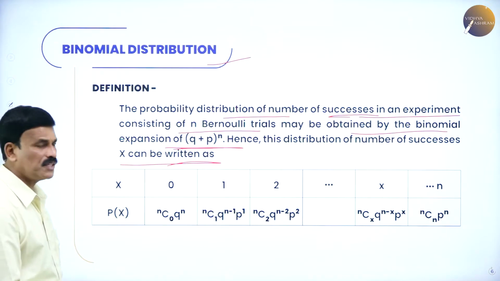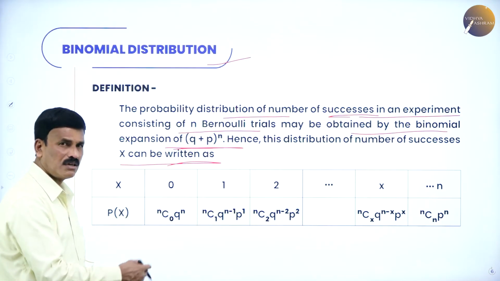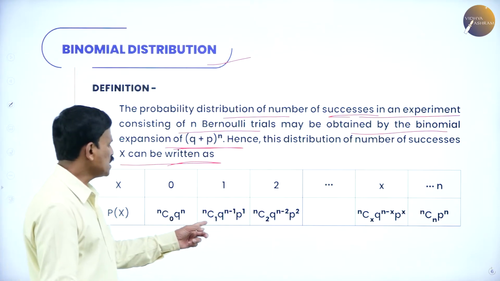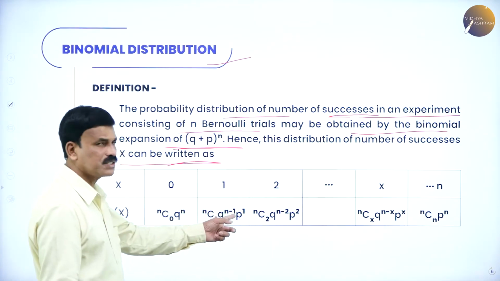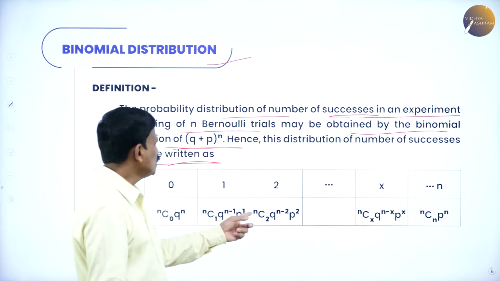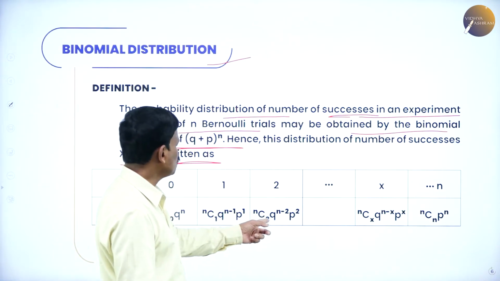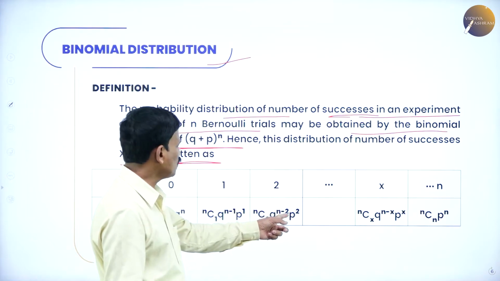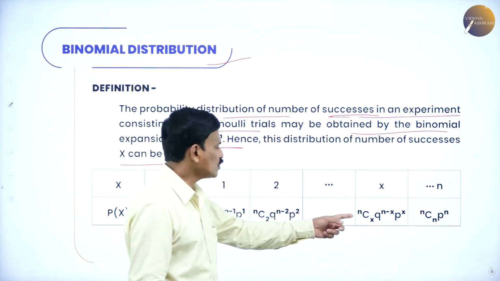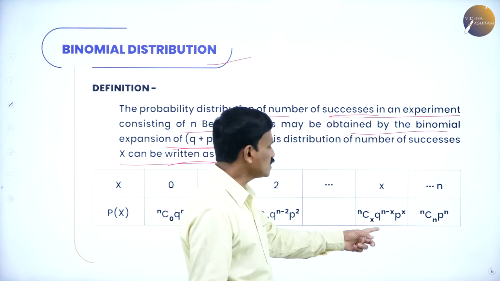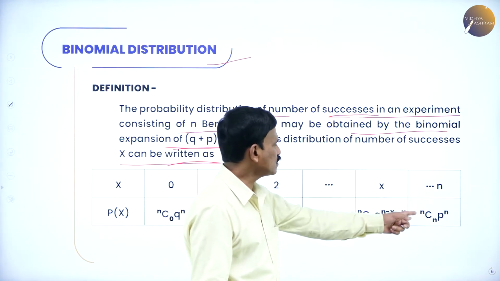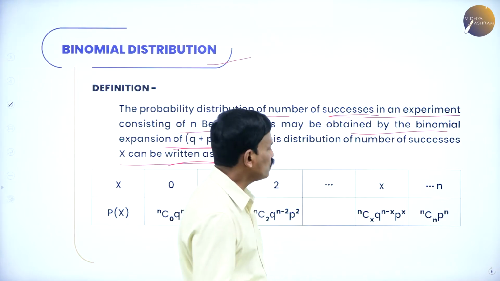Using the binomial theorem, the terms are nC0 q^n, nC1 q^(n-1) p^1, nC2 q^(n-2) p^2, nC3 q^(n-3) p^3, and so on, the general term nCx q^(n-x) p^x, and the last term nCn p^n.